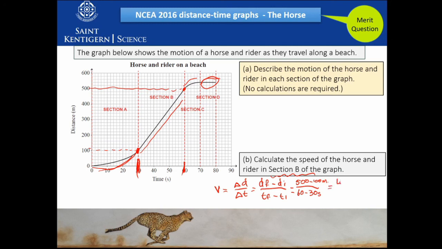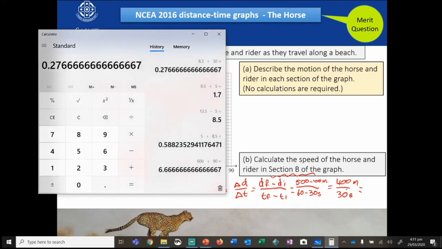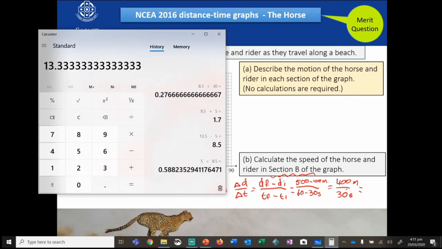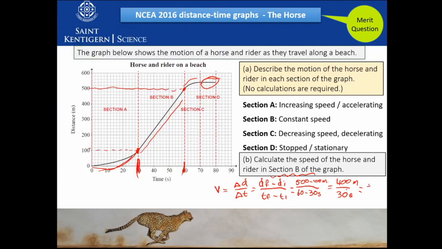That gives us 400 divided by 30 seconds. Where's our handy dandy calculator? 400 divided by 30, enter, and that is 13.3 meters per second. Okay, let's check the model answer.